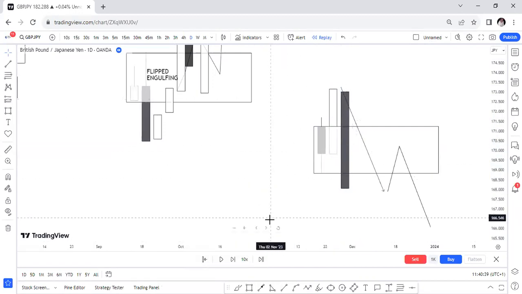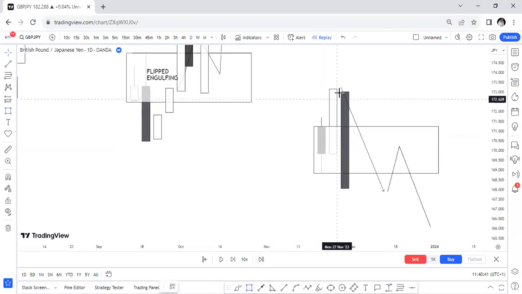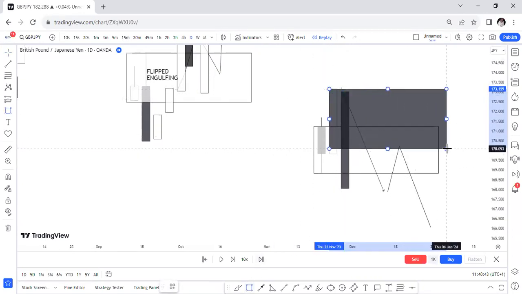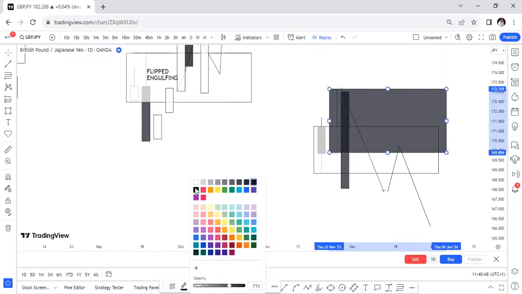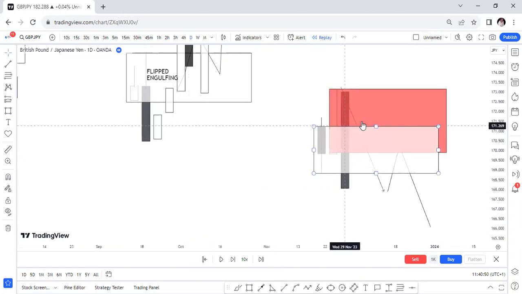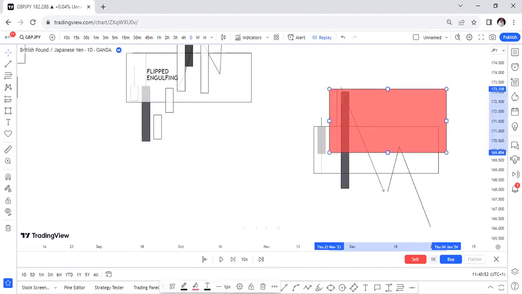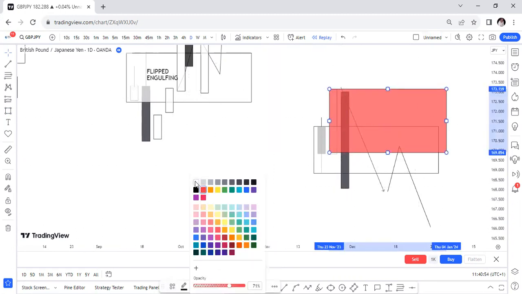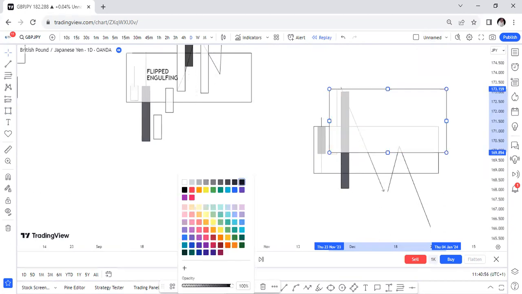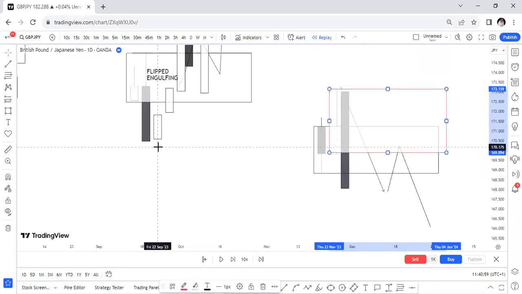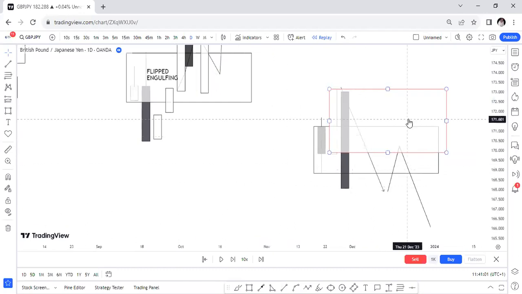This has become the new bearish engulfing now.